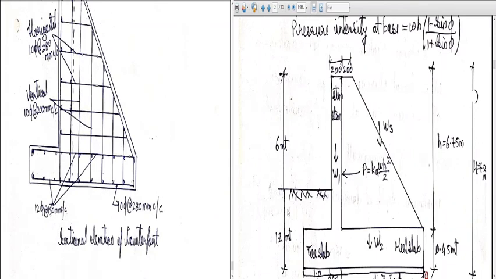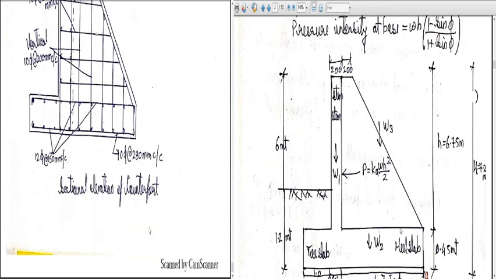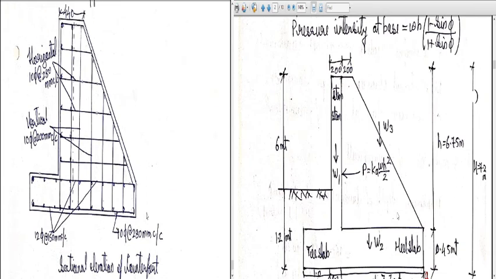Similarly here through the counterfort, the horizontals and verticals remain the same as above: horizontal 10 mm diameter bars at 280 mm center to center, vertical 10 mm diameter bars at 200 mm center to center, and this is 12 mm diameter bars at 150 mm center to center, and 10 mm diameter bars at 280 mm center to center. So this is how the reinforcement is done.